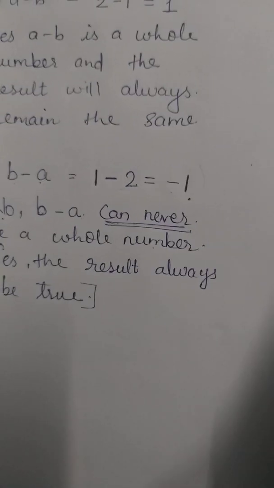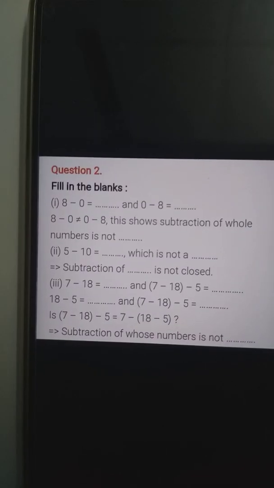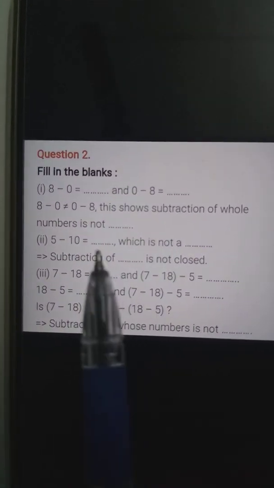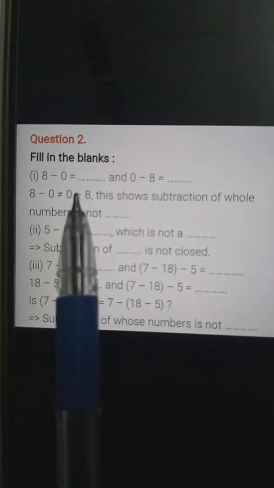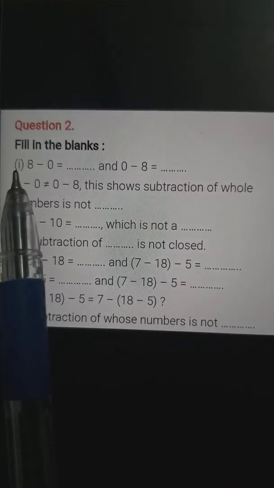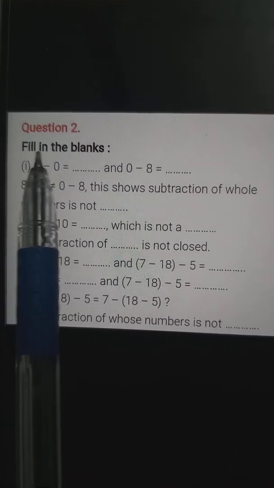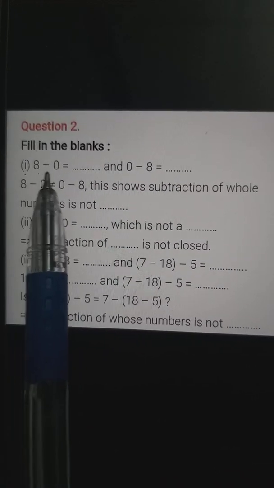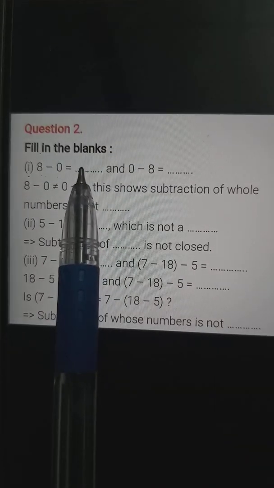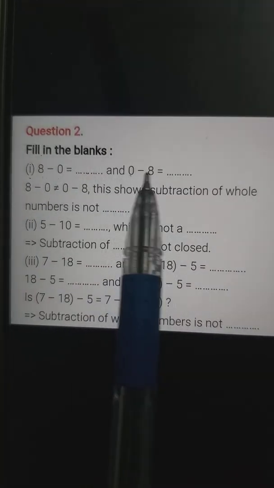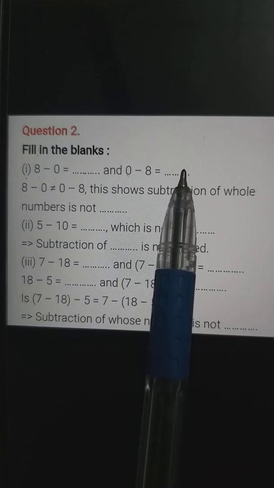Now moving towards the next question. Now I'll tell you orally, so pay attention and just keep on writing the answer. Okay. Question number 2, fill in the blanks. 8 minus 0 is 8, and 0 minus 8 is minus 8.